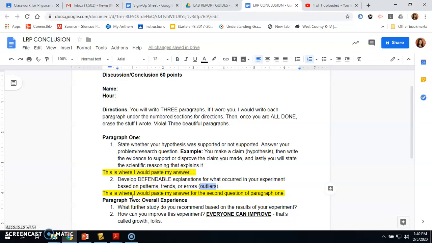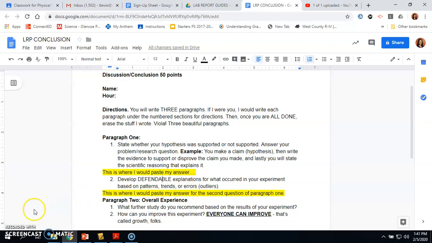So if you have a plant that didn't grow as fast or like you thought it should have based on your research, then you need to ask yourself why. If you see patterns, whether you agree with them or not, you need to try to defend or find an explanation for those patterns or trends. So make sure you do that.